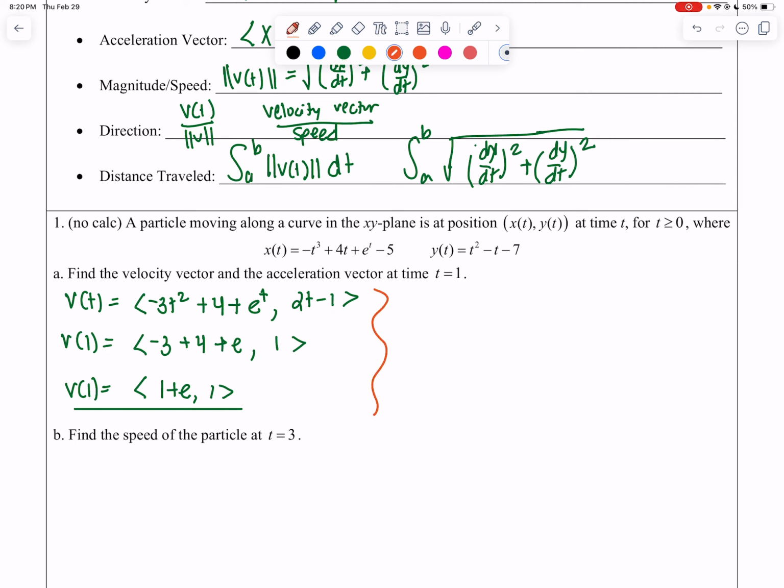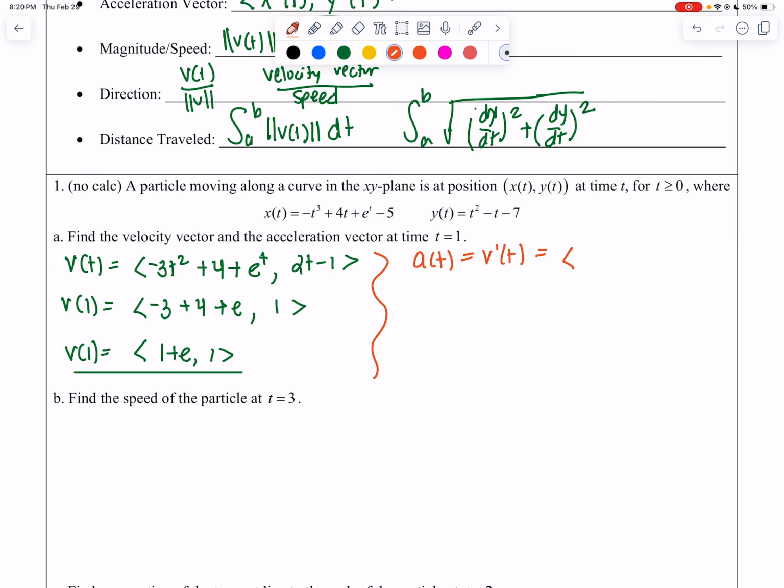Boom. The acceleration vector, that's just me taking the second derivative, or v prime of t. So that's just going to be negative 6t plus e to the t, and then 2. There you go.